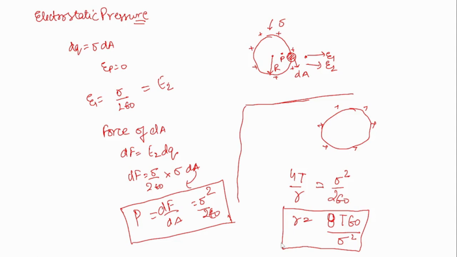And if it is not a soap bubble, meaning there is water outside, like a droplet, then the excess pressure will be 2T by R, and from there you can also find the radius. So yeah, that's all.